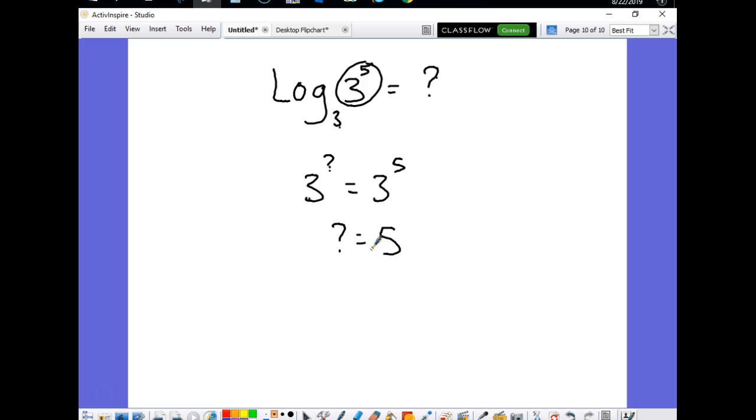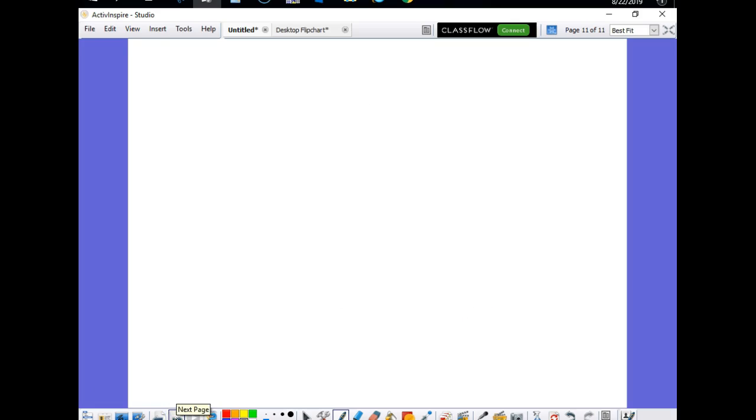And so the answer for this one is 5. So now we have another rule: when the base matches the argument, the answer is just going to be the exponent, if there is one. Log base A of A to the nth power is equal to n. We're getting close to having enough information.